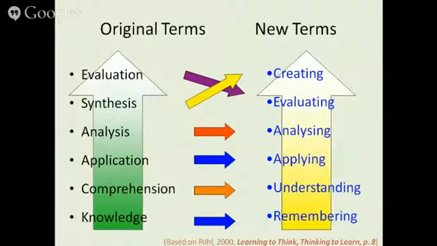Okay. Now when the original classification was given by Bloom, he classified objectives in the cognitive domain into 6 levels. He started with the lowest level of learning, knowledge, then comprehension, application, analysis, synthesis, and evaluation.